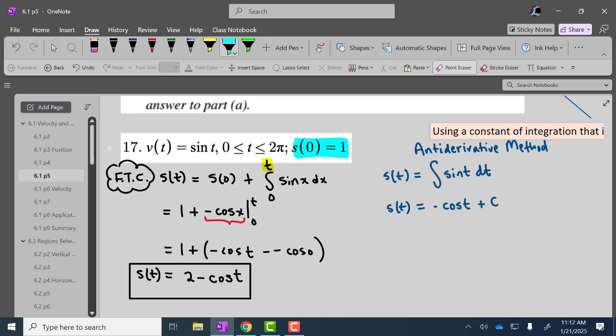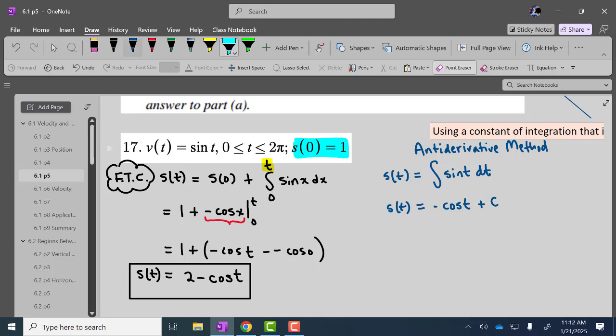Each c value gives you another particular antiderivative. So there's a whole family of antiderivatives. The indefinite integral gives you an unlimited number of functions. But if you have some initial value, that can pick off the one antiderivative that you're looking for.